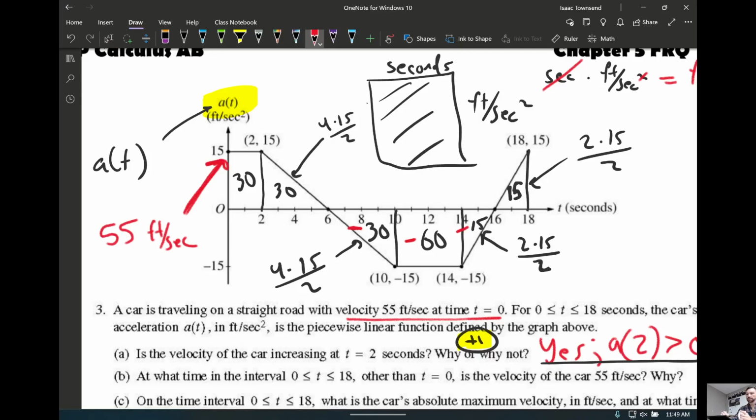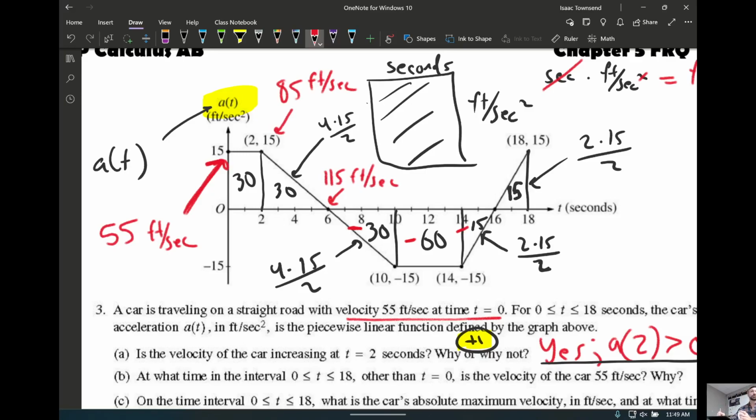They told me velocity starts off at 55, and since this is a positive 30, I know at t equals 2, it's gone from 55 and increased by 30, so now it is 85 feet per second. Then it increases another 30 feet per second, so that would be, what, 115?